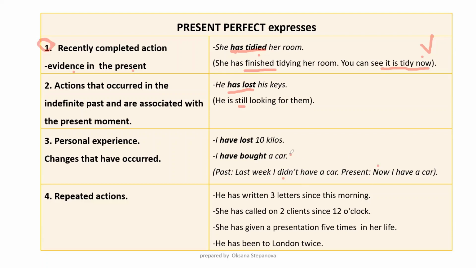So this is similar to number 1 and number 2: something happened in the past, now we have the evidence. With these personal changes, I have lost 10 kilos. Of course, something happened in the past when you started losing the weight, and until the present moment you have this result, but it is unspecified, no definite time markers.